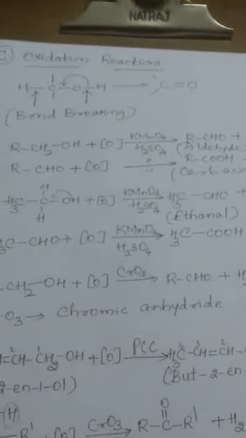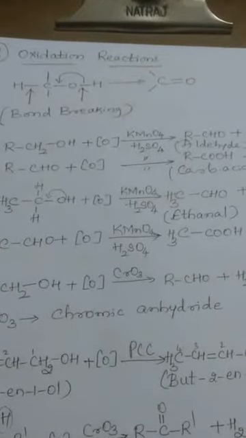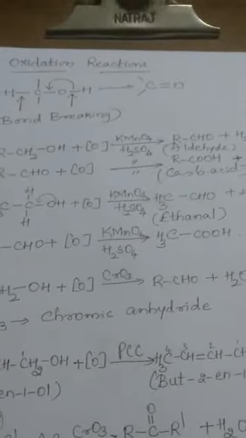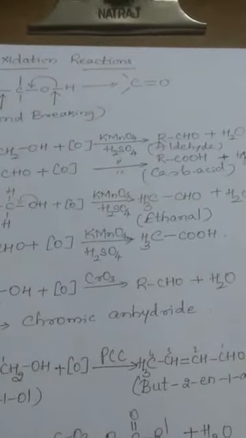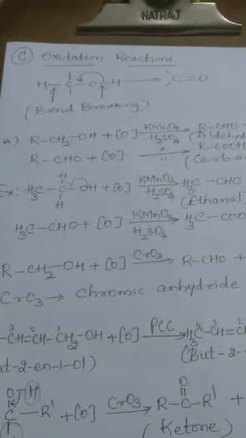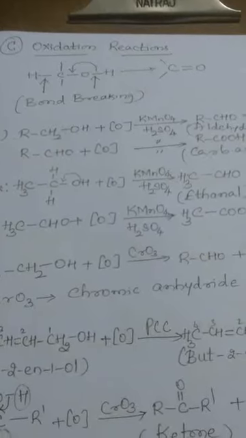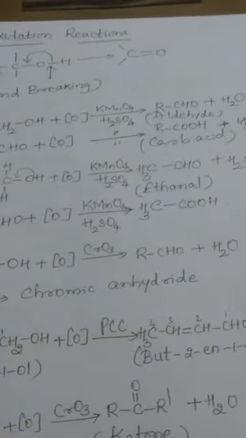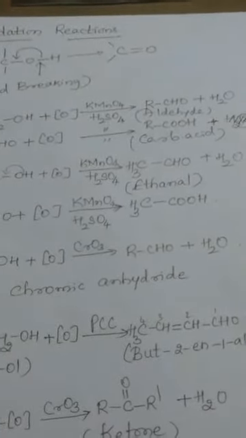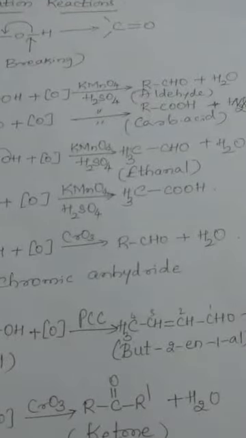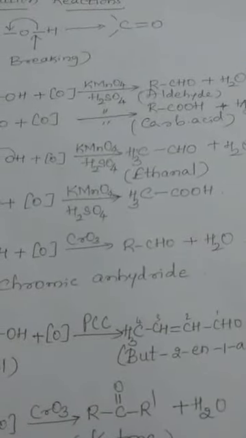Further oxidation of this aldehyde in the presence of acidified potassium permanganate will give the end product as a carboxylic acid. That is the end product. Now if you take one particular example, CH3CH2OH, that is ethanol, on oxidation with acidified potassium permanganate will form the aldehyde ethanal, CH3CHO, whose common name is acetaldehyde.